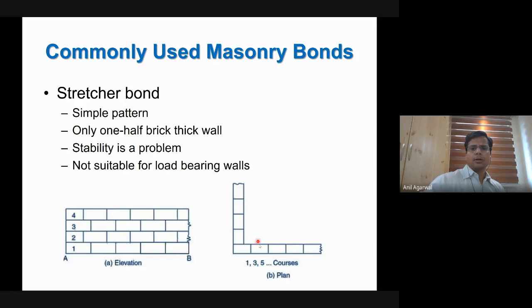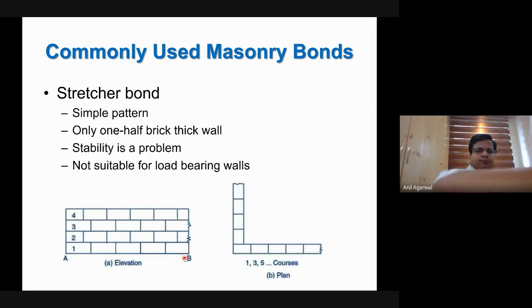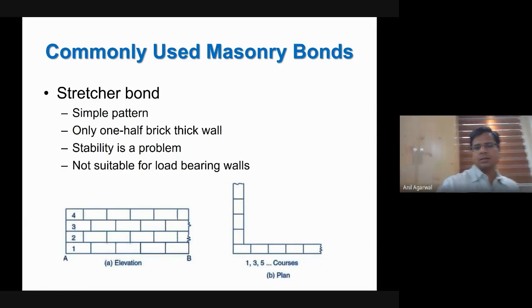Okay, so in case of a stretcher bond, what you can see here is, if you look from the top, this is the length of the brick and this is the width of the brick.